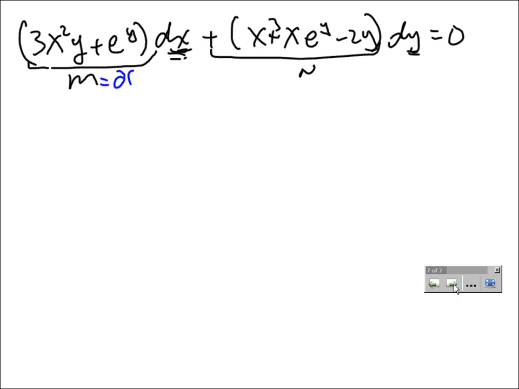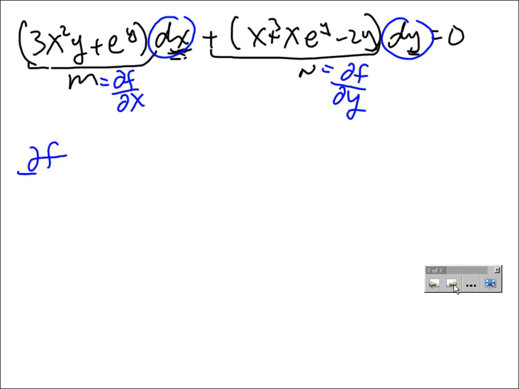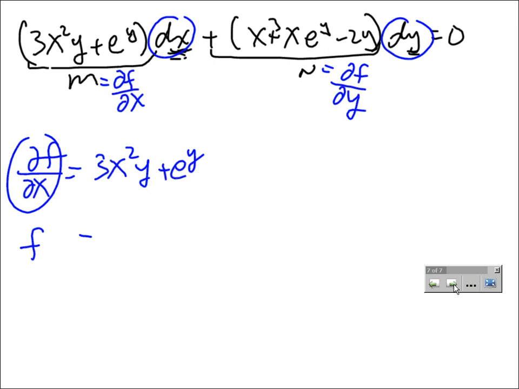This here is the partial of f with respect to x. And this is the partial of f with respect to y. So partial f, partial x is 3x squared y plus e to the y. If I integrate with respect to x, this will just give me f.